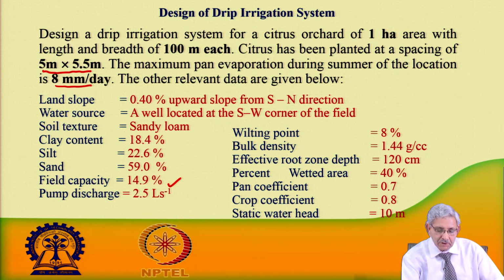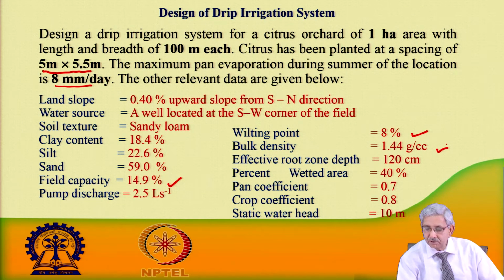Field capacity is 14.9%, wilting point is 8%. The bulk density of the soil is 1.44 gram per cubic centimeter. Effective root zone depth is 120 centimeter, and from the crop point of view, the area to be wetted by the drip emitter is 40%, that is the percentage wetted area.